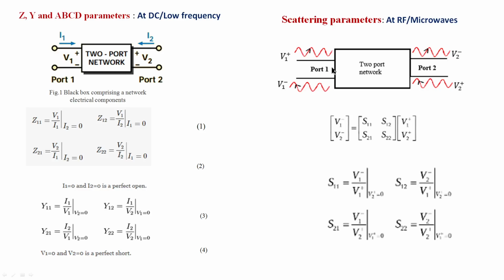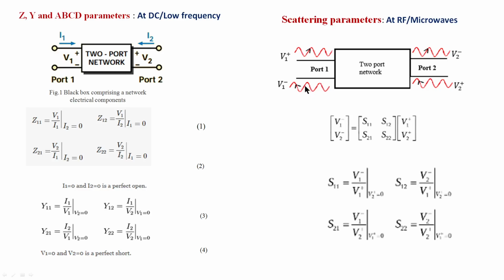The wave is incident to port 1. And the minus sign represents the outgoing wave. What is this wave? This is the outgoing wave at port 1. Here the subscript is 1.